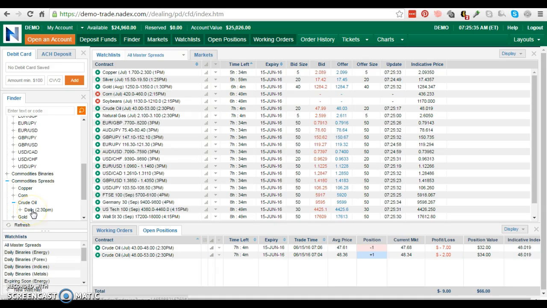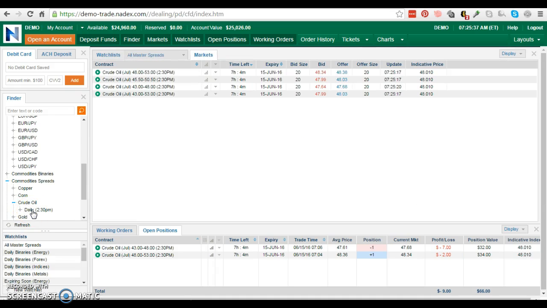They're offering just the daily right now, so I'm going to pull that up. You see it comes up right here. Now, basically what I did was, you can see this top one here. I looked to see where this indicative index price, the indicative price, is.